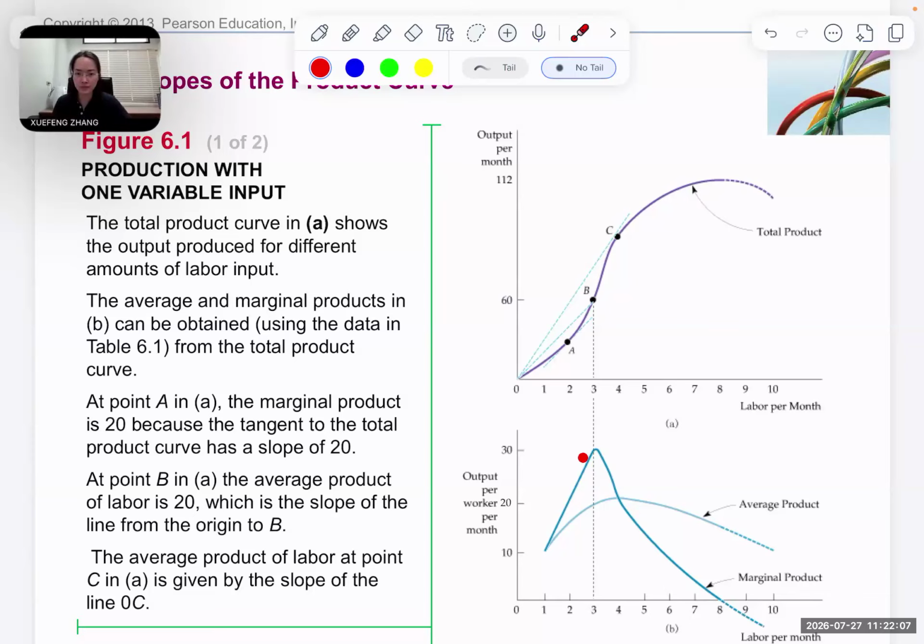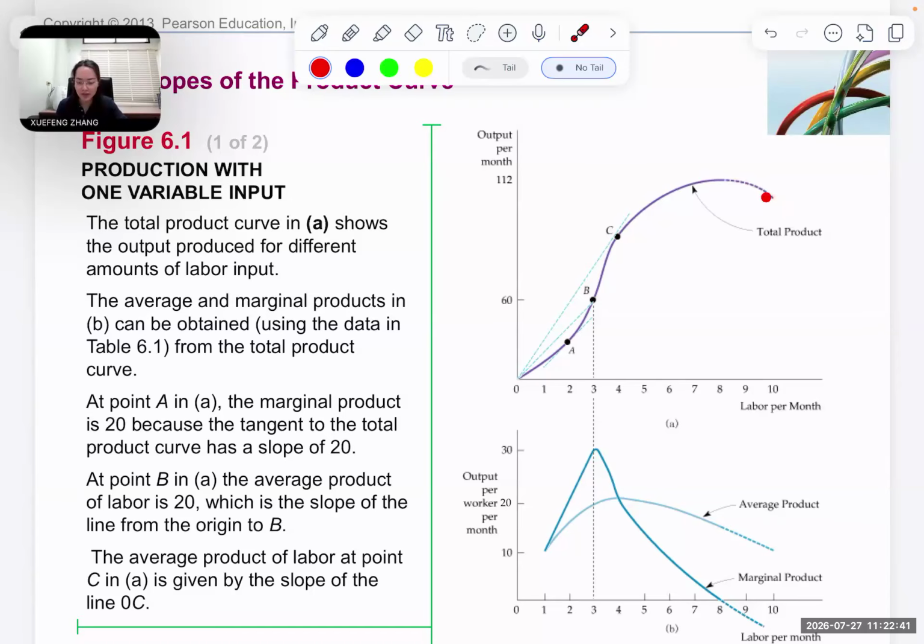Okay, let's look at the top one, which is A. Total product curve. This is just total output as we add more workers. Notice the shape. Rises steeply, then rises more slowly, eventually flattens, and even bends down.